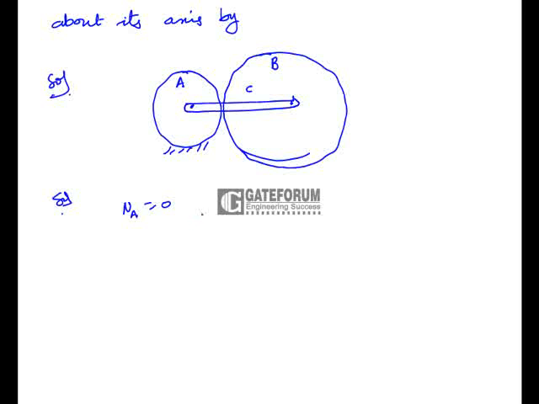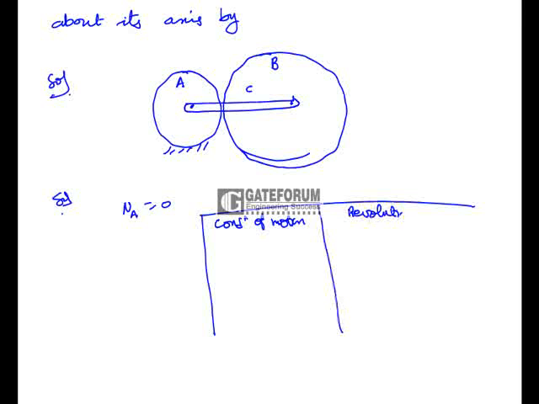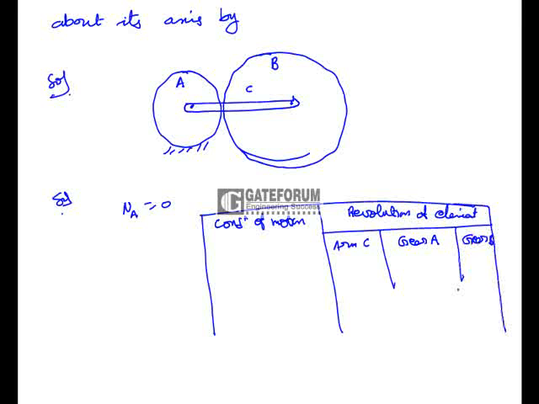Now use tabular method and consider the first condition of motion, and here revolutions of element, arm C, gear A and gear B. So first consider for the first case, arm C is fixed and rotate A through one revolution in the clockwise direction.